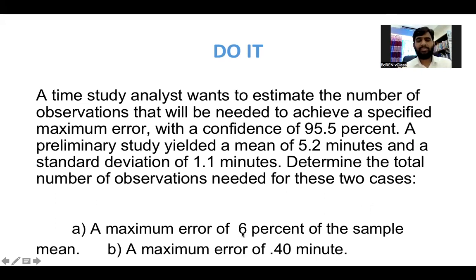When it is in percentage form, then use (Z times S divided by A times X bar) whole squared. So what is the number of observations you have to take? What is the answer of A? What is the answer?